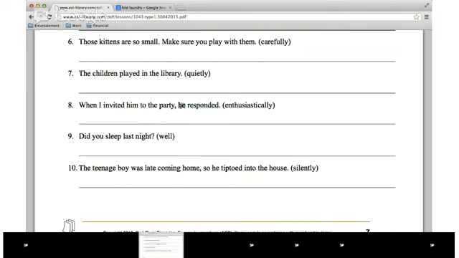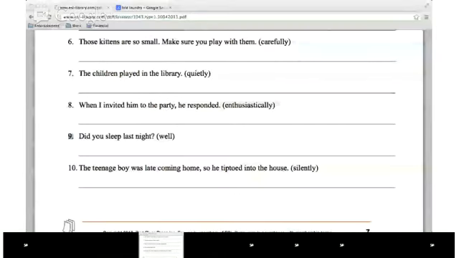If we say he enthusiastically responded, if we switch that and put it in front of the verb, we would then have to have an answer. We would then have to say he enthusiastically responded yes. So we would have to say what he said. But if we don't want to do that, for example, in this sentence, we don't have a response, we would need to say he responded enthusiastically.